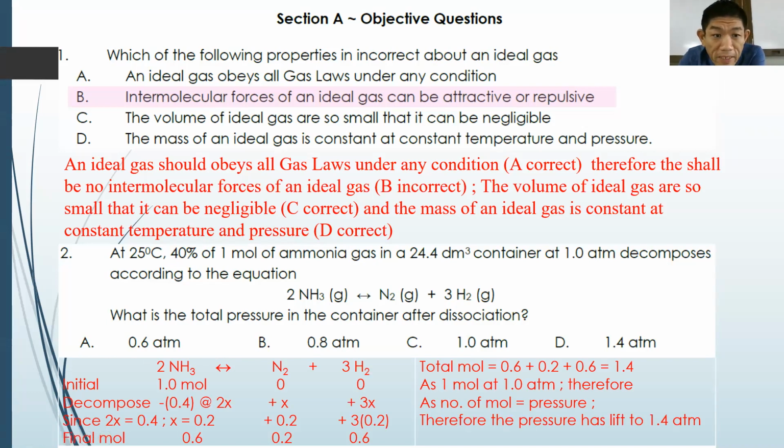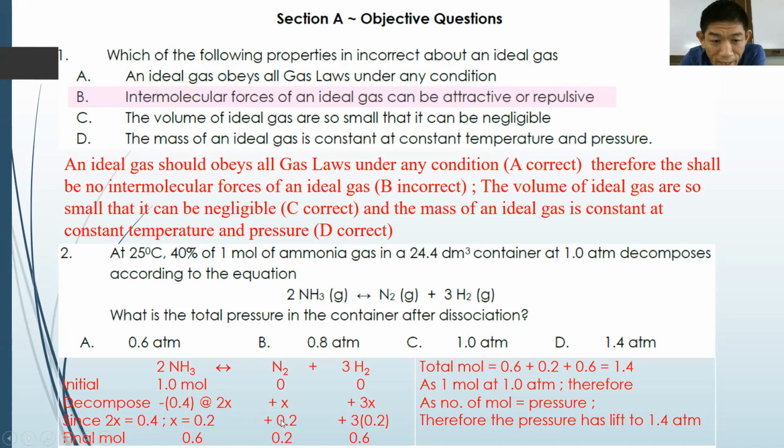So when 40% of ammonia is decomposed, you minus 0.4. Stoichiometrically, the mole ratio of ammonia to nitrogen to hydrogen is 2 to 1 to 3. So you minus 0.4 or 2x, nitrogen formed will be 1x and hydrogen formed will be 3x. Now this is according to the stoichiometry. Since 2x equals 0.4, therefore x equals 0.2.